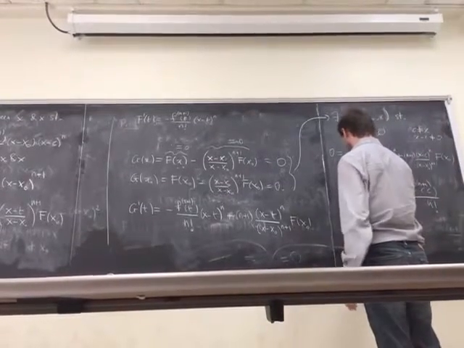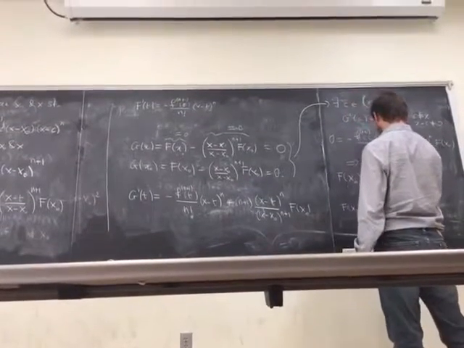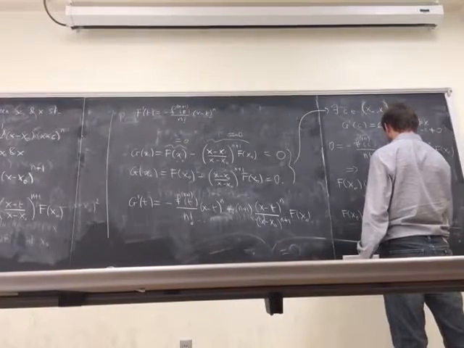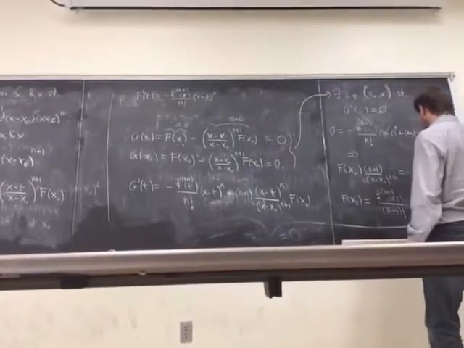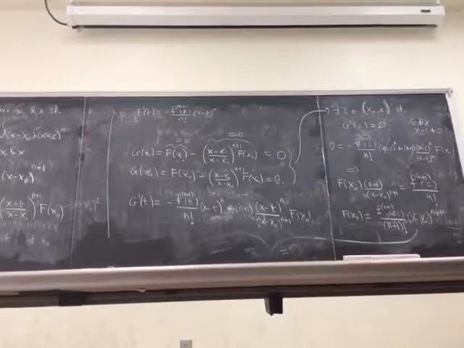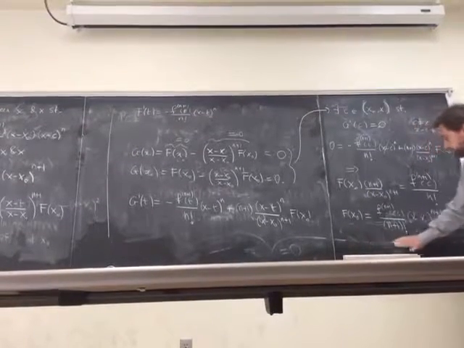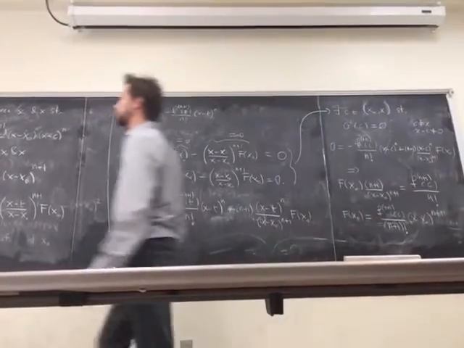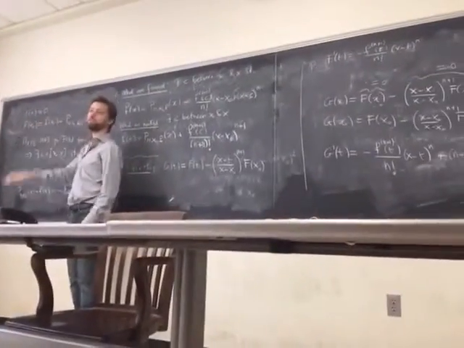And then if you play again with the thing, you find that f of x naught is equal to f^(n+1) computed at c divided by (n plus 1) factorial times (x minus x naught)^(n+1). Okay? And this is the theorem because, as we computed a minute ago, what is f of x naught? F of x naught is exactly the left-hand side of Taylor's series, f of x minus the Taylor polynomial.